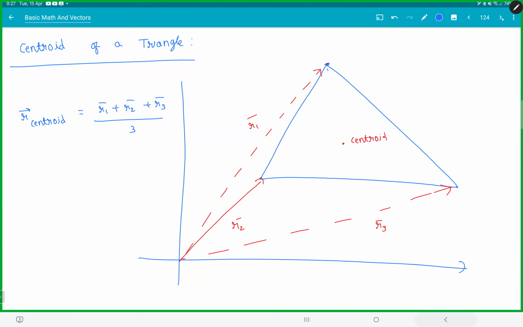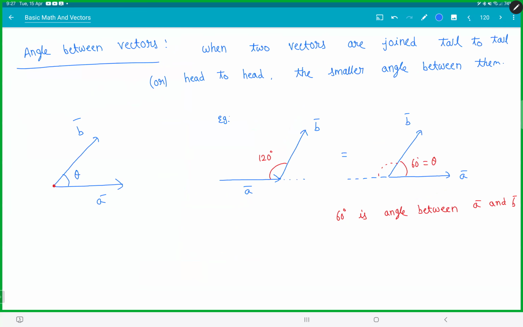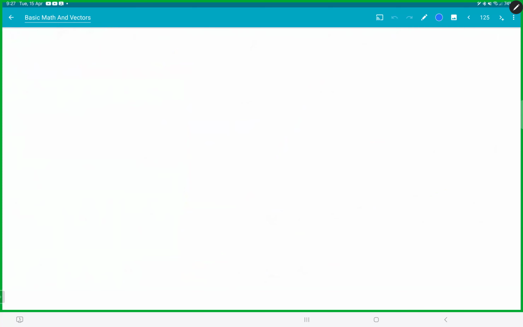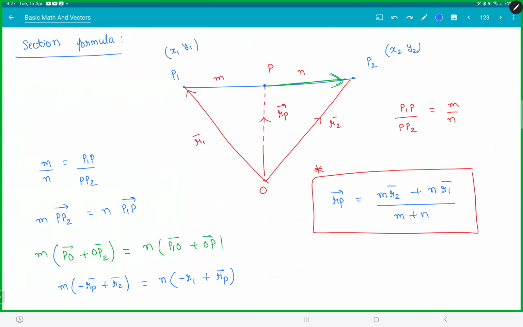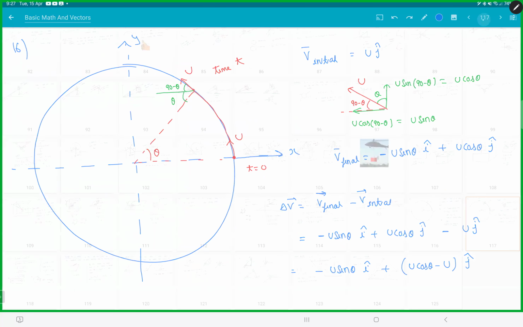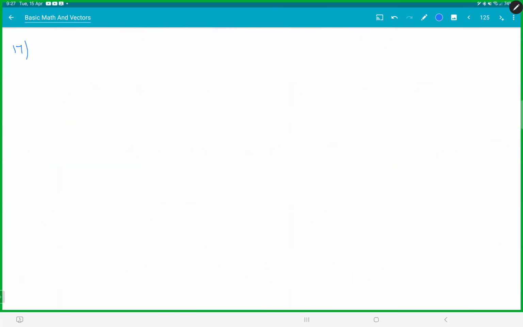Let's see a question. So let's say magnitudes of three vectors are given. So A bar, B bar, C bar.